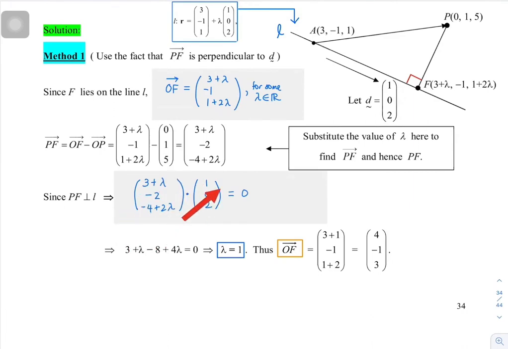And the result of this dot product between PF and the direction vector of the line D is equal to 0. Evaluating the left hand side, we will be able to get an equation where we can solve for lambda. So in this case, lambda is equal to 1. Since now we have discovered what is lambda, we can use this value and put it into the equation over here to find out what is the position vector of the point F.